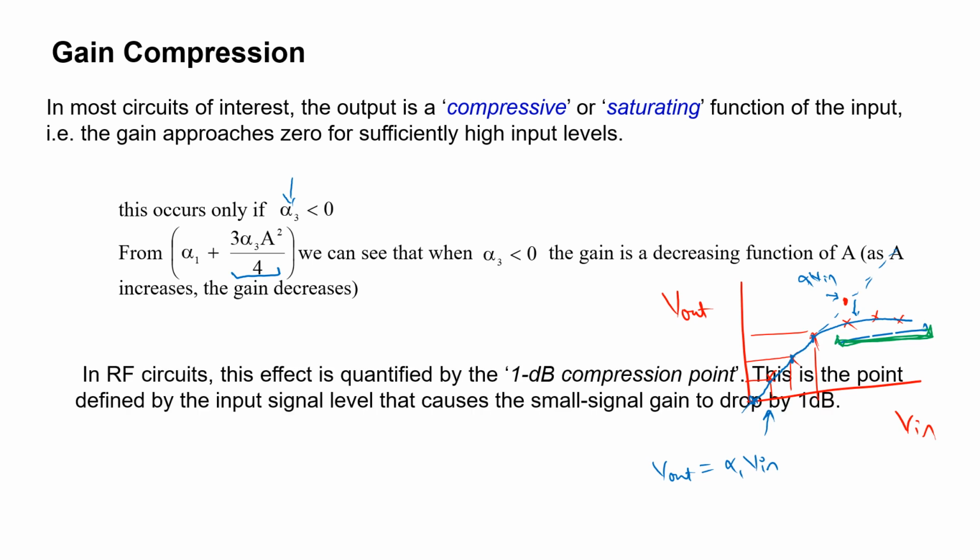In RF circuits, this effect is quantified by the 1 dB compression point, defined by the input signal level that causes the small signal gain to drop by 1 dB. Now this definition is extremely important for all high frequency systems, amplifiers, mixers, and so on and so forth.